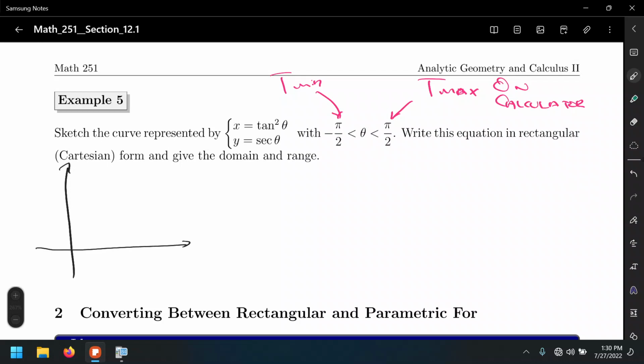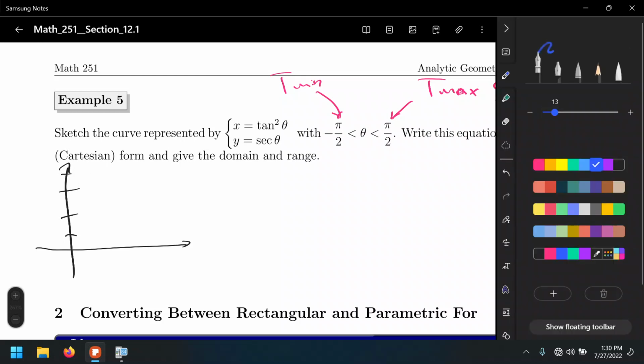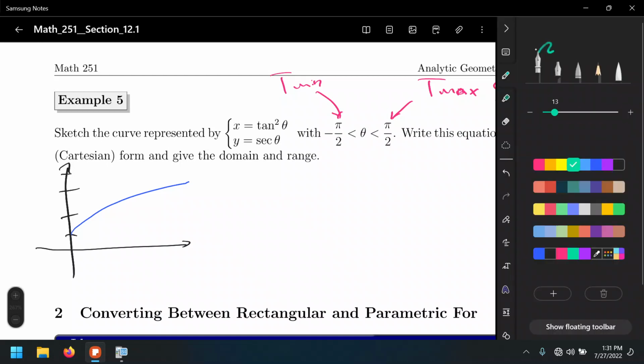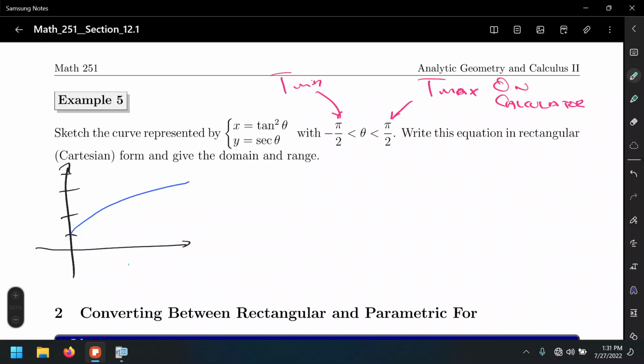You're supposed to see a curve, of course, and we will figure out what this curve is actually using the corresponding identities. Let me color code this, this is going to be important.